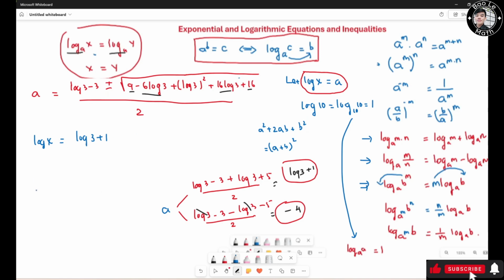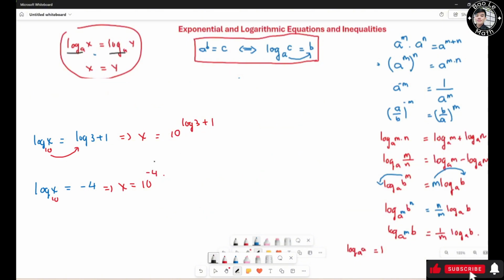And then the second case is log s equals negative 4, right? And then this guy actually a number, right? So this guy base 10, right? So I put 10 right here, I put 10 right here, right? I draw an arrow right here. So s equals 10 to the log 3 plus 1, right? And then this guy turns out to be s equals 10 to the power of negative 4, right? Now this guy is already in the simplest form, so I leave it.